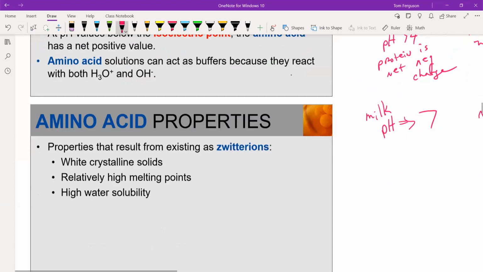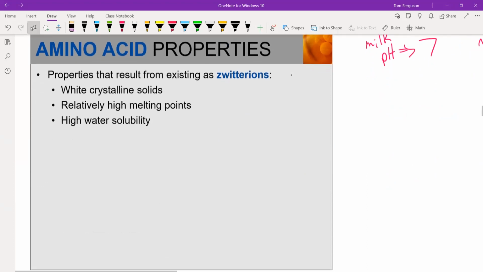Okay, so basically zwitterions are ionic, and they tend to act like ionic solids, high melting points, soluble in water, and they form a white crystalline solid. But the main point is, because it's ionic, things have a much higher melting point, and they're also very soluble in water.